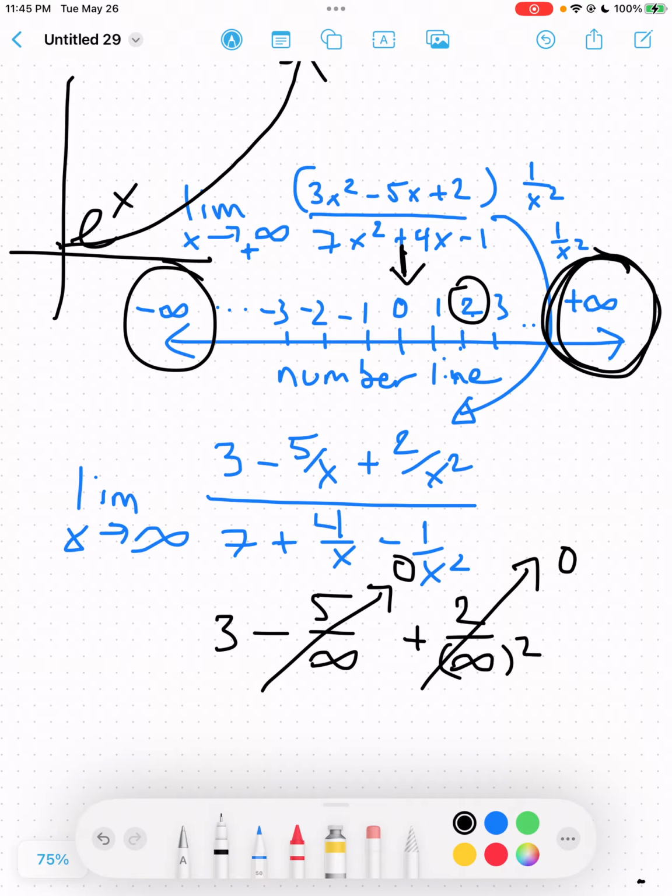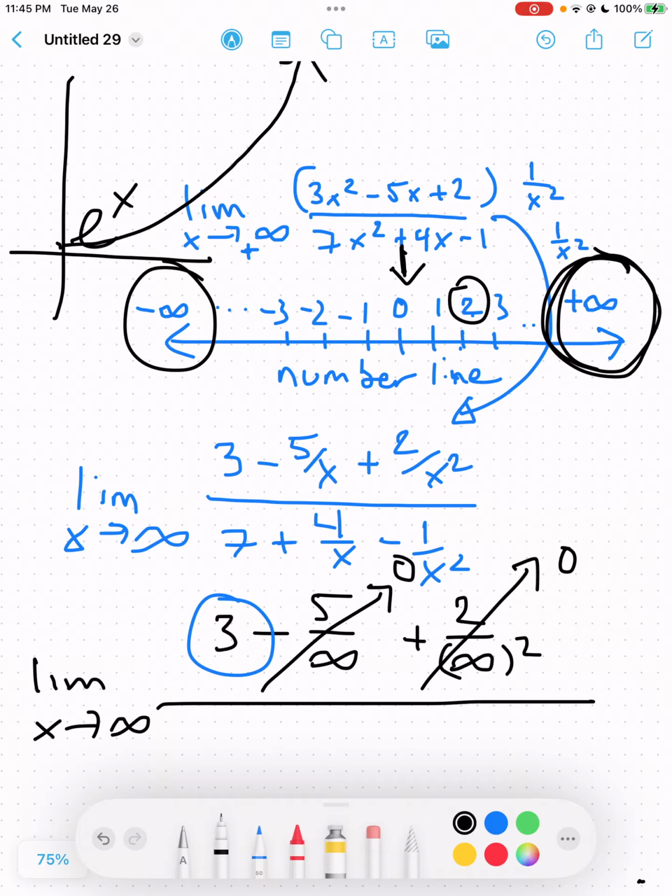So that leaves us with a 3 in the numerator. We're still evaluating x as approaching infinity. Okay, we have 7 here, 7 plus 4 over infinity. What's 4 over infinity?